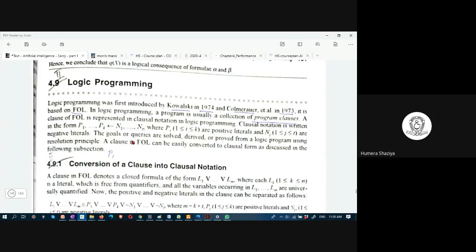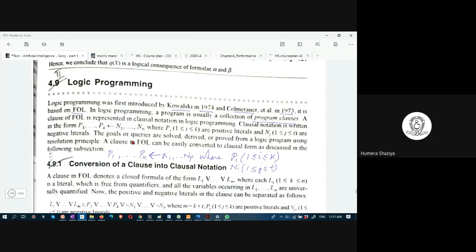P1 up to Pk, this reverse arrow, N1 up to Nt, where Pi, i greater than or equal to 1 and less than or equal to k, and Nj, j greater than or equal to 1 and less than or equal to t.